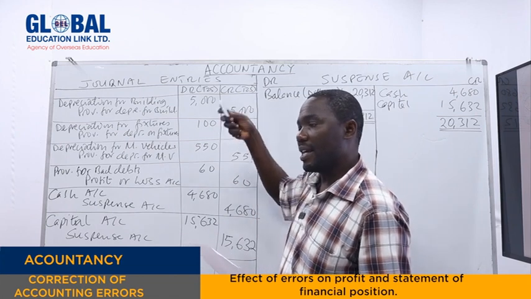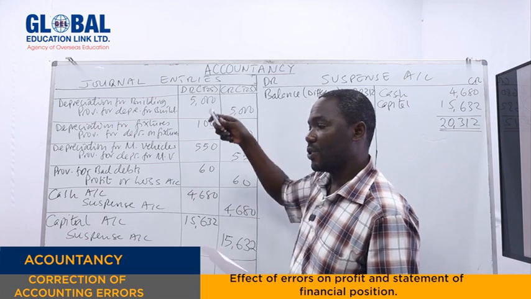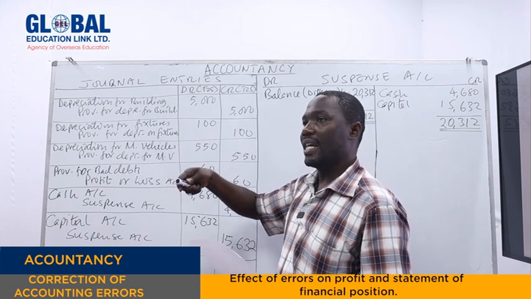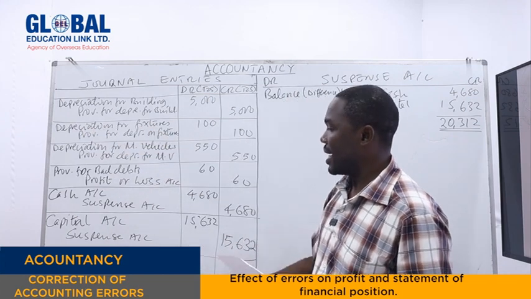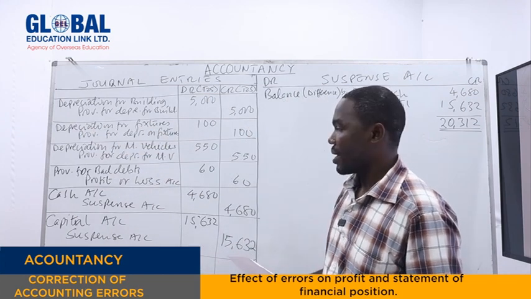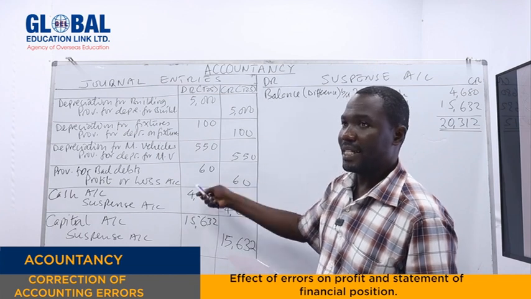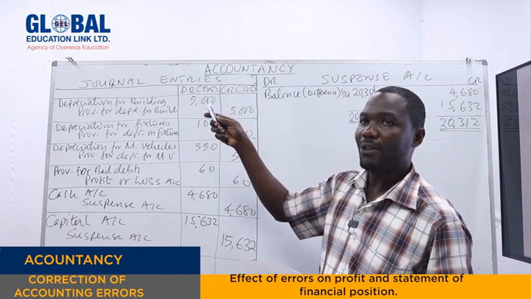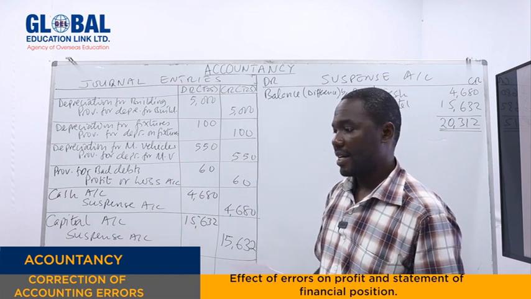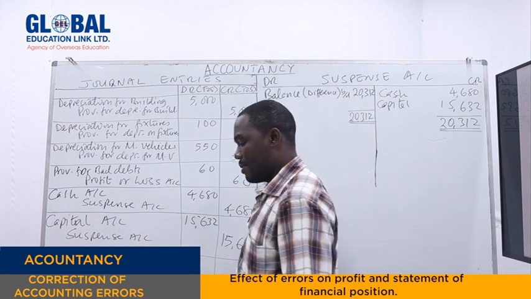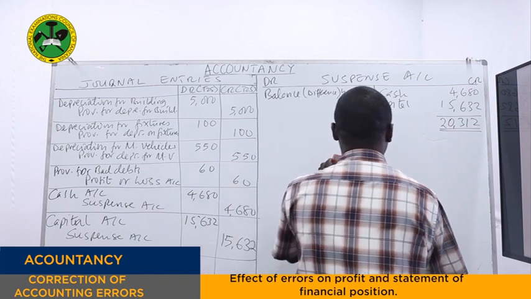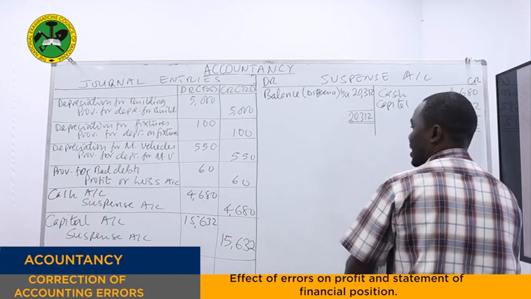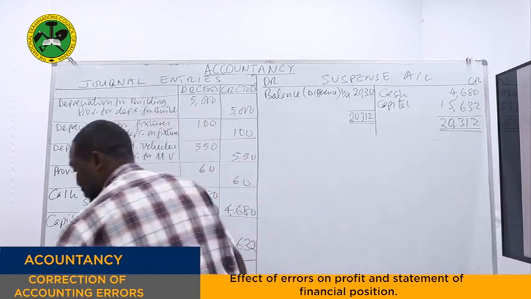I mean, the correction of it will go to ledger accounts, then it will have impact on the net profit. So we are going to adjust in the profit. And there will be items that need correction to the statement of financial position. So let us now prepare, and I will show you here the statement of corrected net profit.